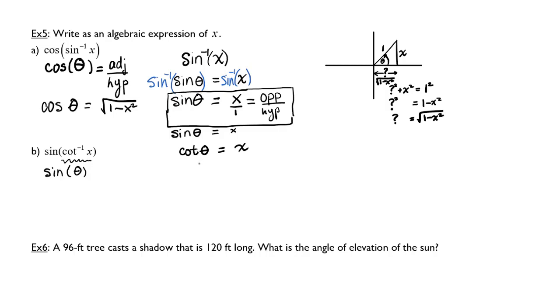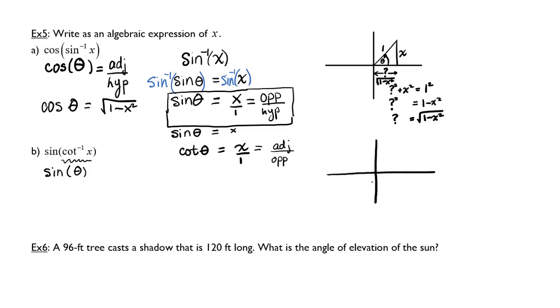Now remember, tangent is opposite over adjacent. So cotangent is equal to adjacent over opposite. And that means that I have x as the adjacent side and 1 as the opposite side.